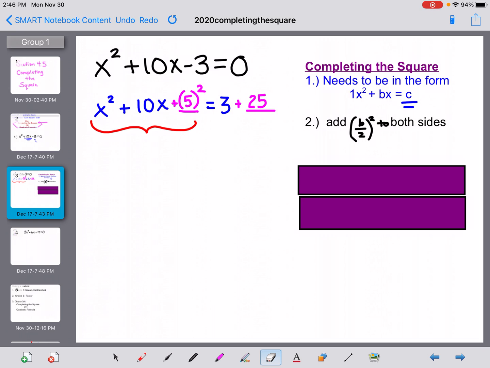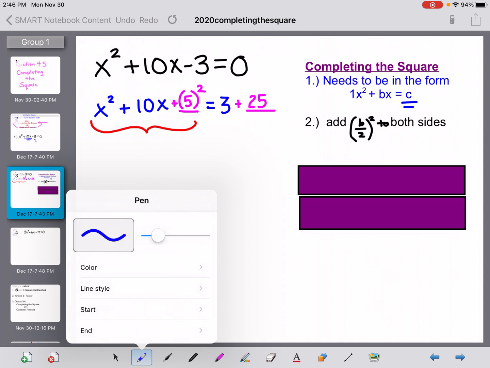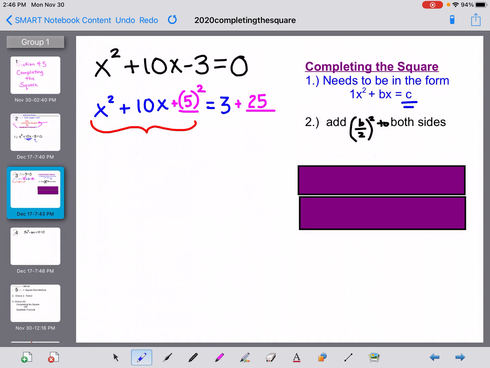And so b divided by 2 squared every time completes the square. So every single time on this left-hand side, you're going to now factor x squared plus 10x plus 25. And every single time, it's going to factor to a perfect square trinomial, something like x plus or minus a number squared.